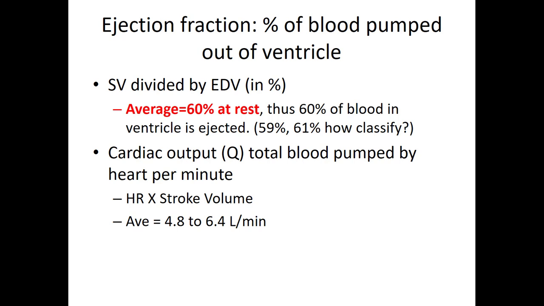We can increase heart rate, or we can increase stroke volume, right? The average is around 4.8 to 6.4 liters per minute. So this kind of unit is important, right? Cardiac output is liters per minute. Stroke volume is milliliters, right? And ejection fraction is a percentage.